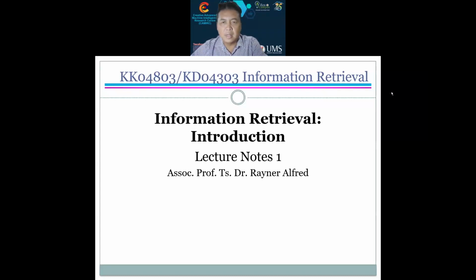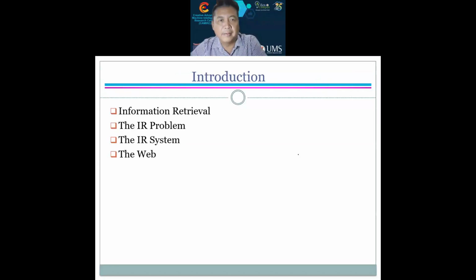Okay. So I was born in Kota Kinabalu, stayed in Kudat. My kampung is in Tuaran, Tenggilan, and now I can consider myself as orang KK lah. Okay. So any question?